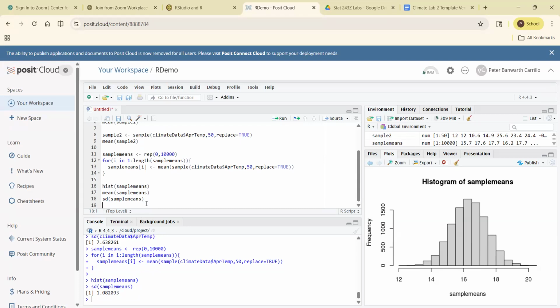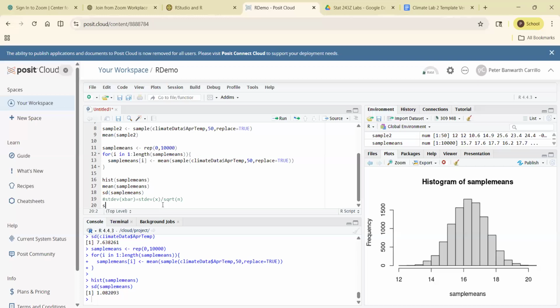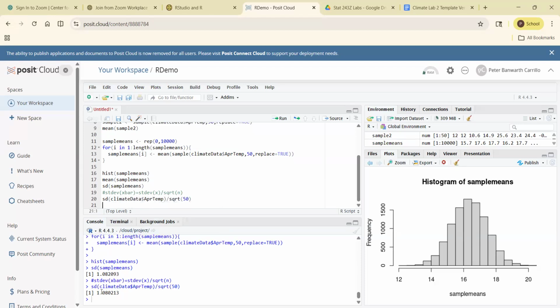And if we check our formula, the standard deviation of our sample means should equal the standard deviation of our sample divided by the square root of the sample size. So let me take the standard deviation of the sample, climate data $temp, and I'm going to divide it by the square root of our sample size, which is 50. Let's see what that number is. Aha, just about the same, 1.08.